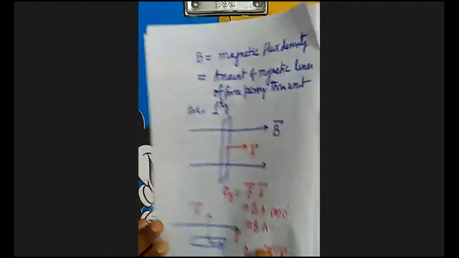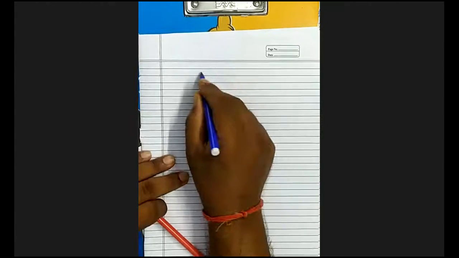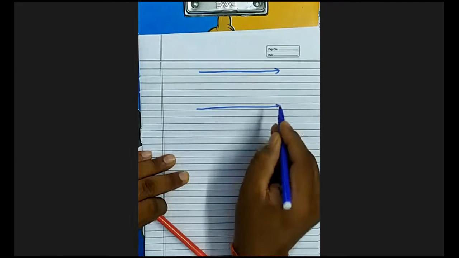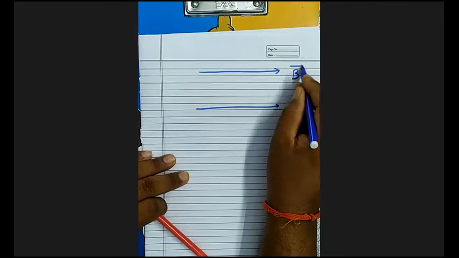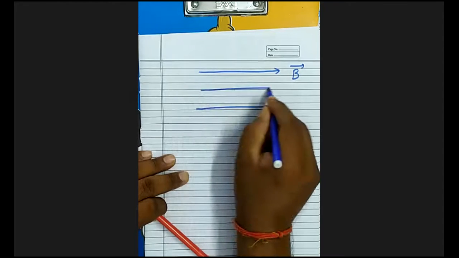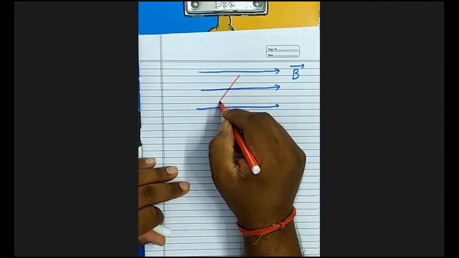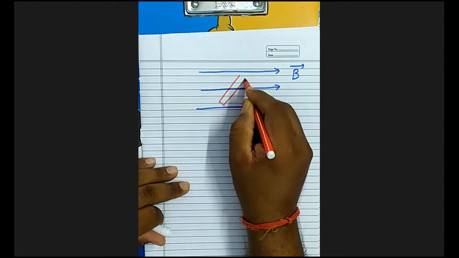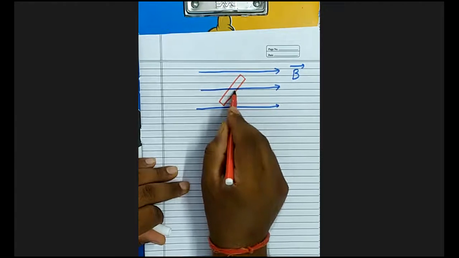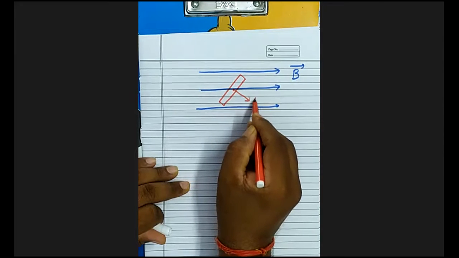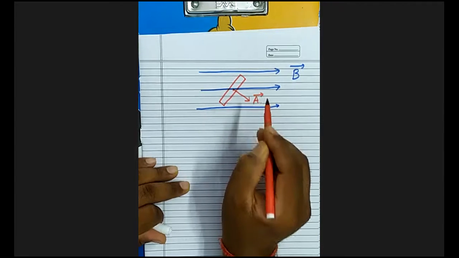And suppose if it is neither perpendicular nor parallel, it is held obliquely. Now see here. This is the direction of area vector.